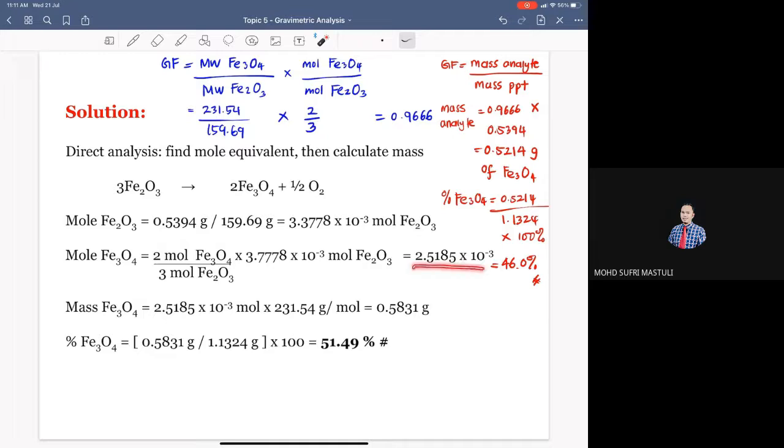So the mole of Fe3O4 multiplied by the molecular mass of Fe3O4, you can get the mass.